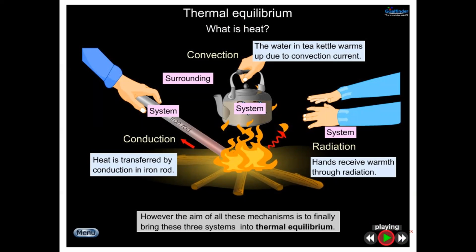Even the kettle is getting heated by conduction, but the water present in the kettle is getting heated by convection, whereas our hands are getting heated by radiation. So three different systems are getting heated by three different means. However, the aim of all these mechanisms is to finally bring these three systems into thermal equilibrium.